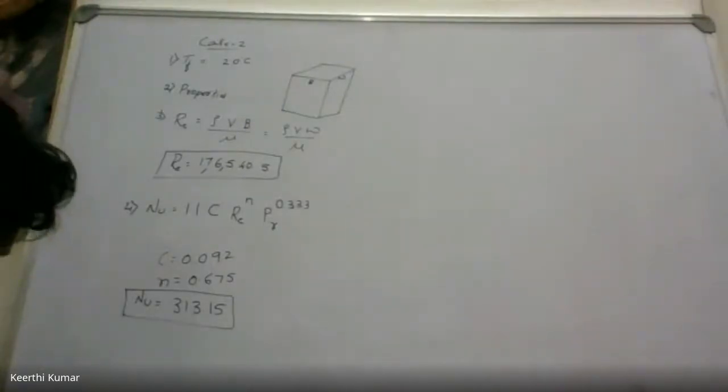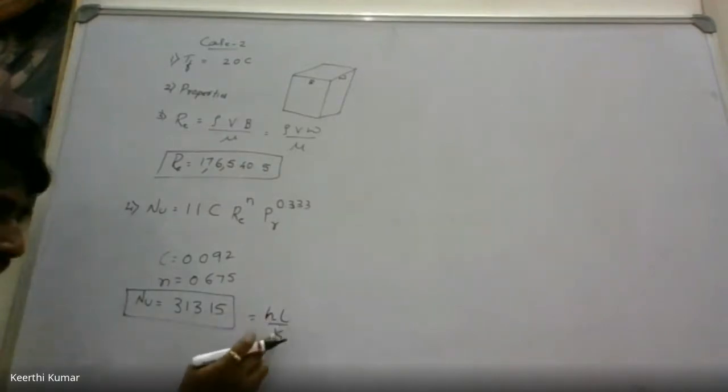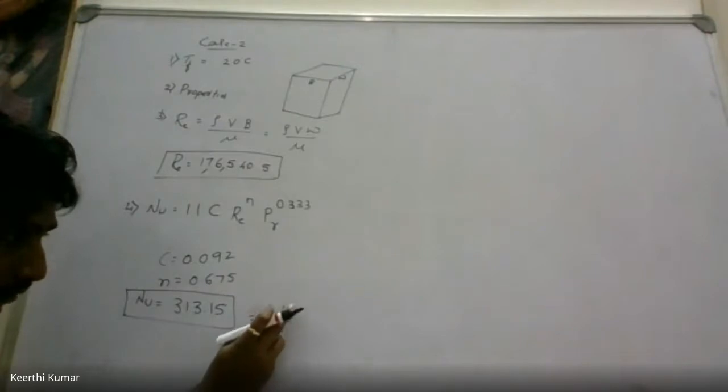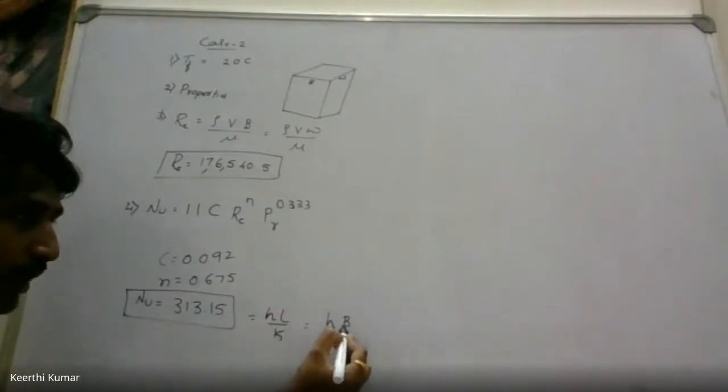So once the Reynolds number is done, find out the Nusselt number. What is the Nusselt number formula? Again, hL by k. This is the Nusselt number. So here, can anybody tell what is the value of L I am supposed to put? hL by k, hD by k is for sphere or cylinder. This is not L. This is hb by k.